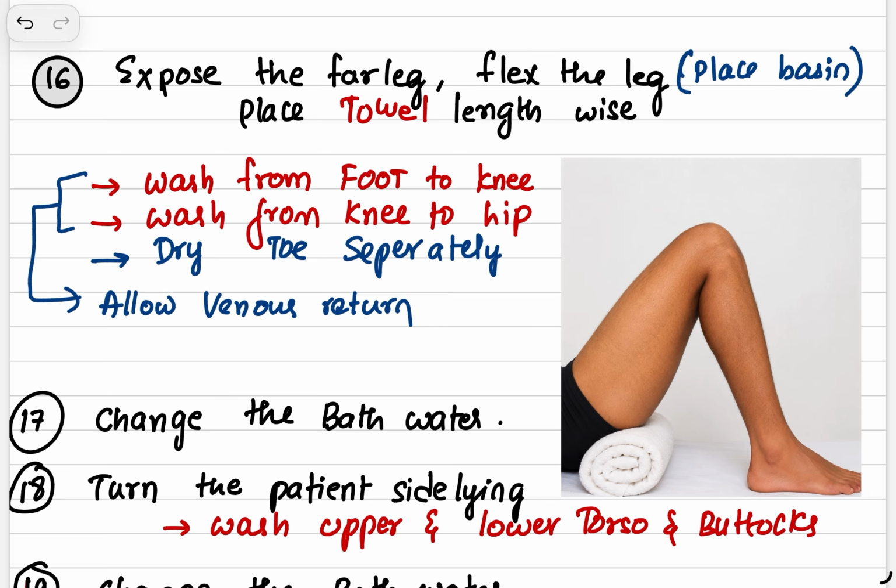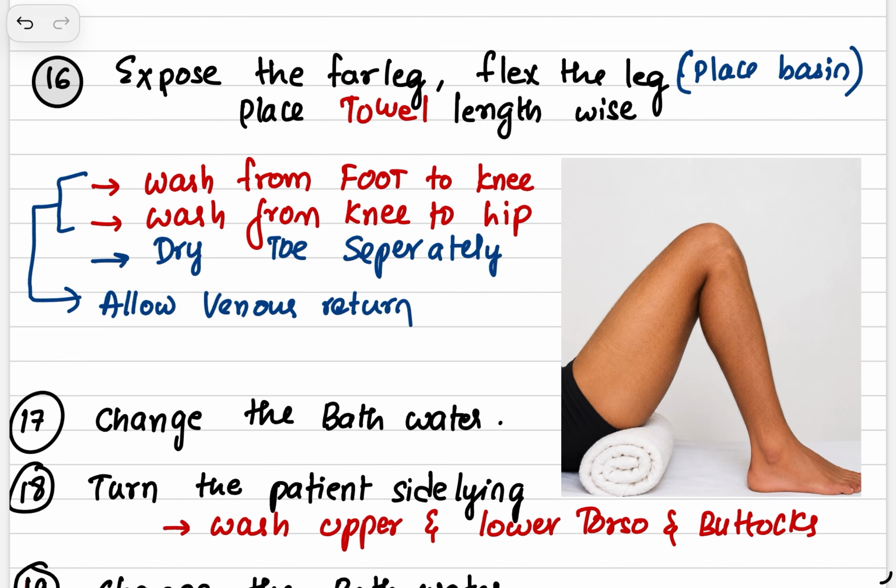Okay, that means only for the leg part. Whenever you are washing, suppose you wash the face, immediately you need to dry it. Why do we have to dry immediately? In order to prevent hypothermia, in order to prevent chills. Okay, are you understanding? Yes.